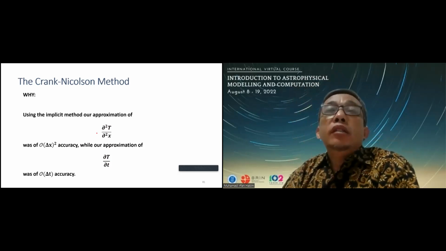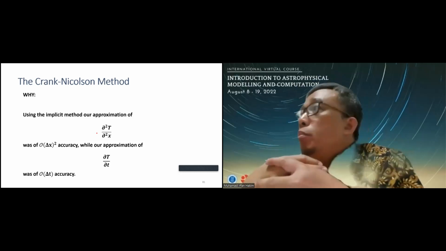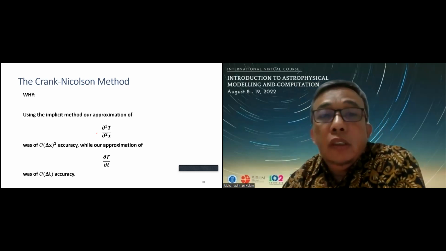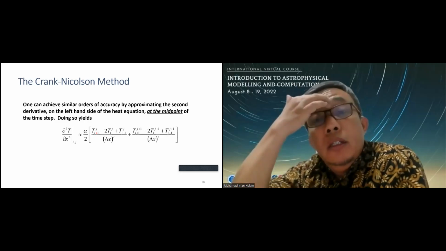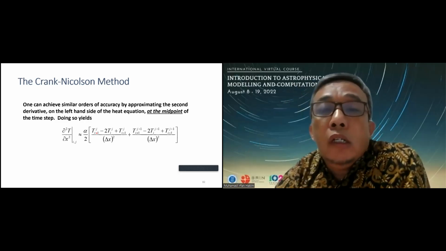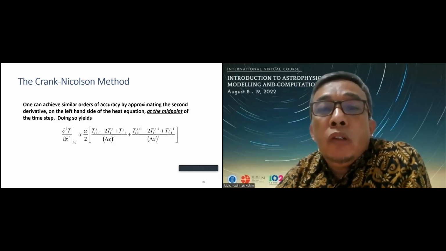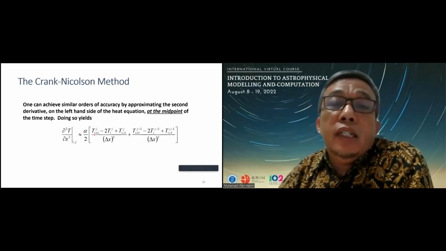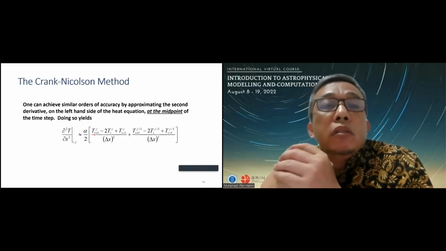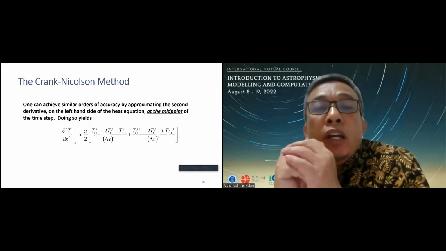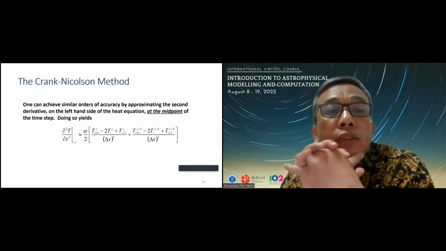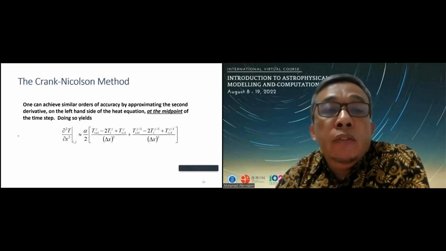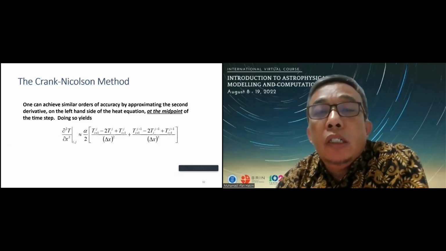If you know the trapezoidal rule to integrate a function numerically, you can remember where this method comes from. Or in other words, this is averaging the value of two approximations of the second derivative of temperature T here.